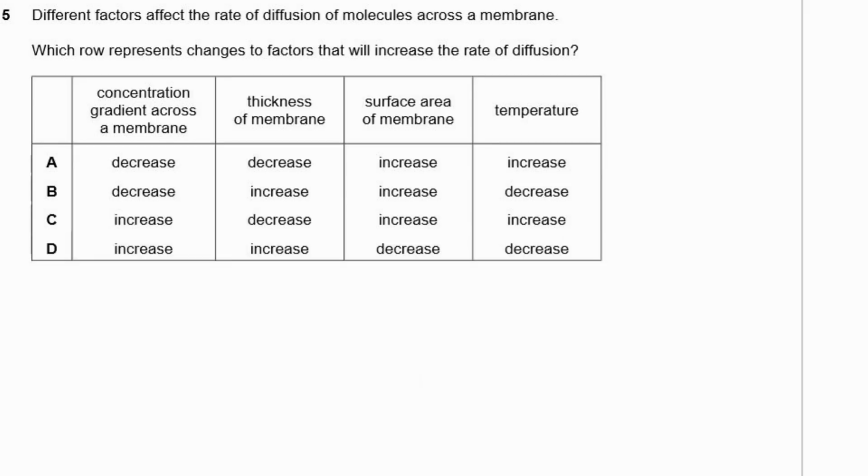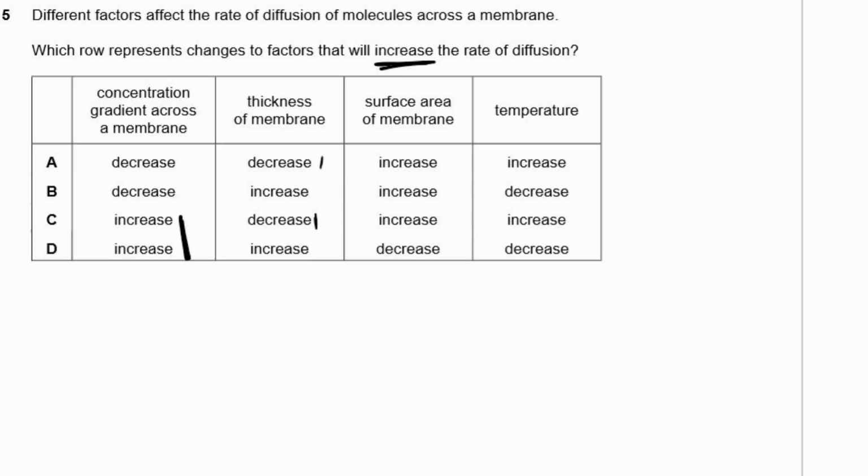Question 5. Different factors affect the rate of diffusion of molecules across a membrane. Which row represents changes to factors that will increase the rate of diffusion? So what increases the rate of diffusion? A few things. Concentration gradient across a membrane. Well, if that's increased, then the rate of diffusion can increase. If the membrane is thinner, you can get more stuff across, so it's decreased.